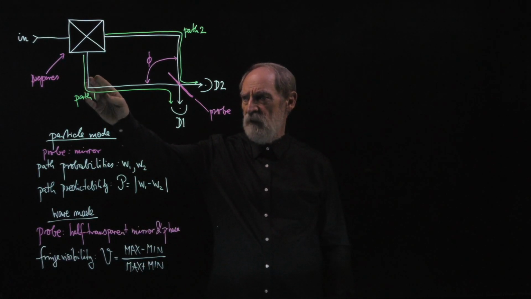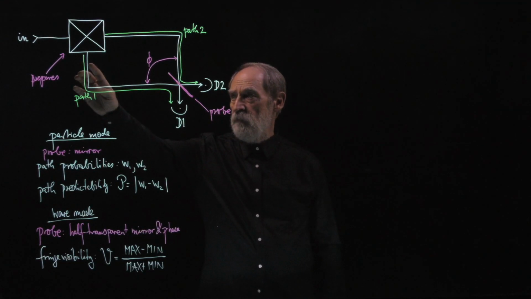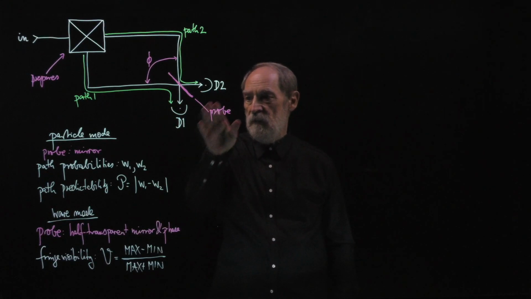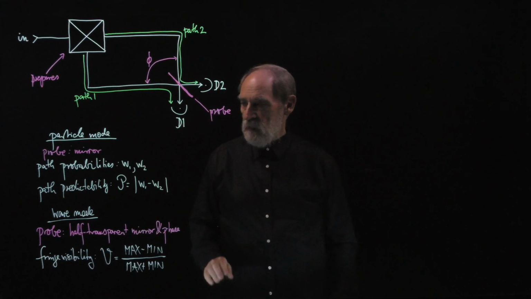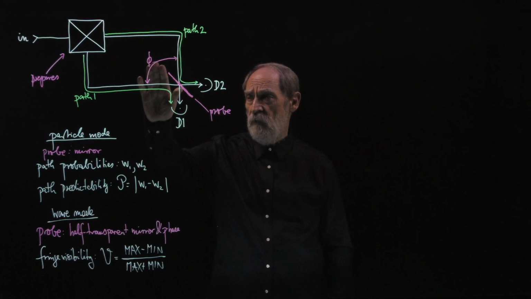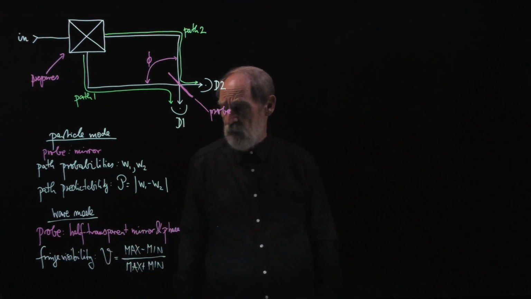And this is sort of what we discussed already. If one path is blocked, or for some other reason we know for sure that the particle follows one path, then the two probabilities for detecting the particle at D1 or D2 are equal, and that will be independent of the value of phi, and there's no fringe visibility.